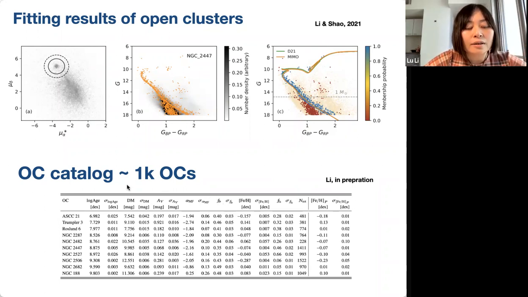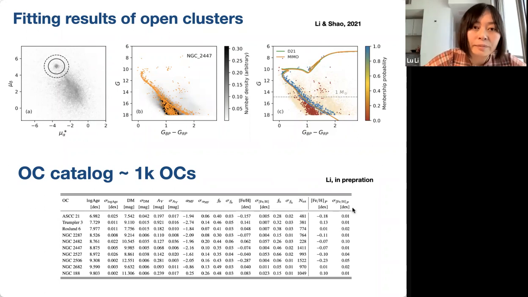So we constructed an open cluster parameter catalog of about 1,000 open clusters that contains isochron fitting results, and about 100 of them have the mass function and the binary fraction.